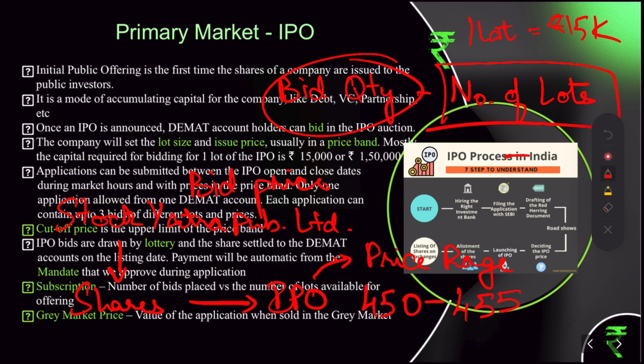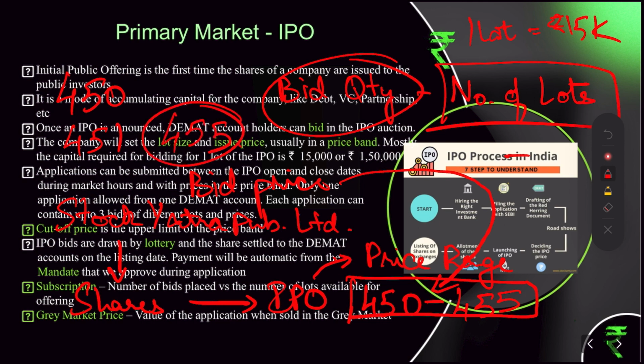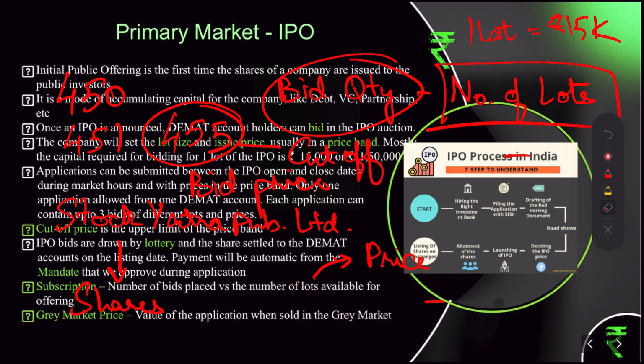Now this price range provides a lower limit and an upper limit, and your bidding price has to fall within the price range. So you can apply at 450 rupees, you can apply at 451 rupees, you can apply at 455 rupees also. The upper limit is called the cutoff price.